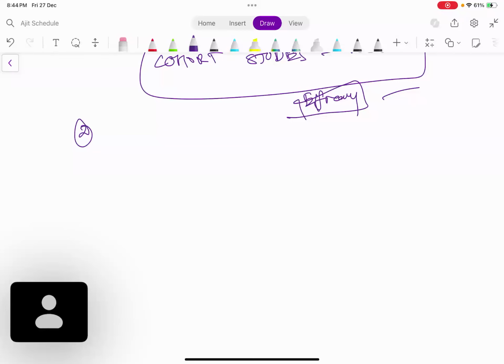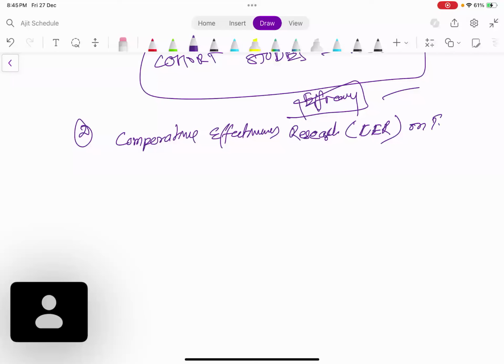Let me take one comparative study that is called comparative effectiveness research, CER, on treatment options. How to do the CER studies?